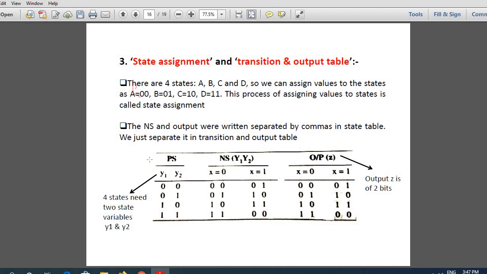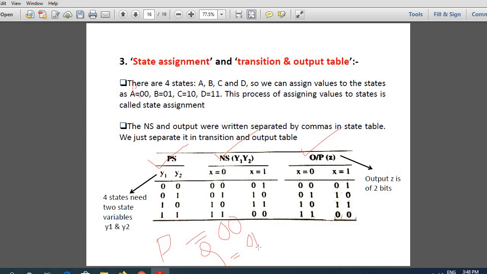Now, how can you form this table? Present state, next state for different inputs, output for different inputs. You have to first separate that and then assign the values. P is 0, 0. Q you can call it as 0, 1.